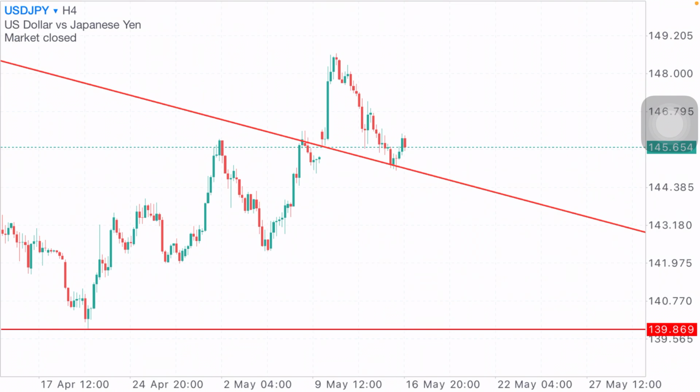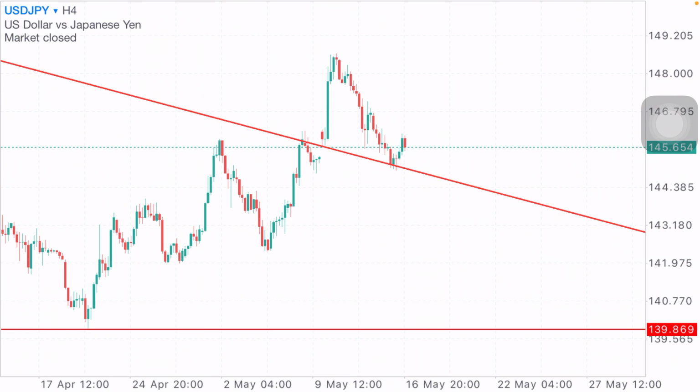Like I already sent this setup in the VIP and VVIP group. Those people who are in the VIP group already took it because it was a snap entry. This is the way I analyzed the setup and sent it to the VIP group and VVIP group on Telegram. Most of the people already took it. Actually, it was a snap entry.